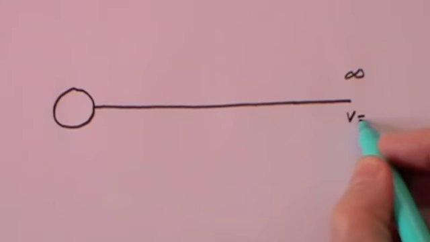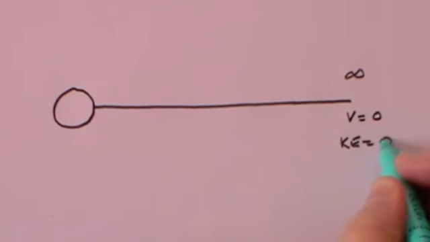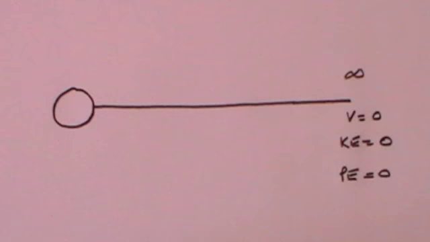So at infinity, velocity equals 0 and kinetic energy therefore equals 0, since that's half mv squared. But at infinity, the potential energy is equal to 0 too. So the consequence is that kinetic energy plus potential energy is equal to 0, and since energy can be neither created nor destroyed, that must be the case at every point along this journey.